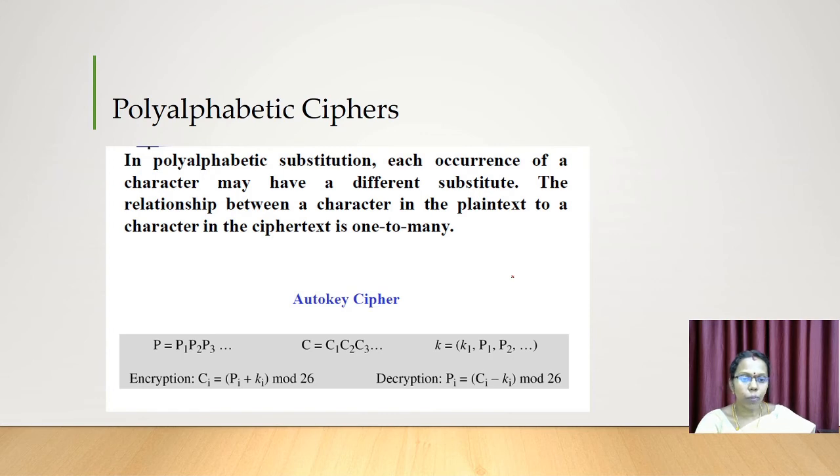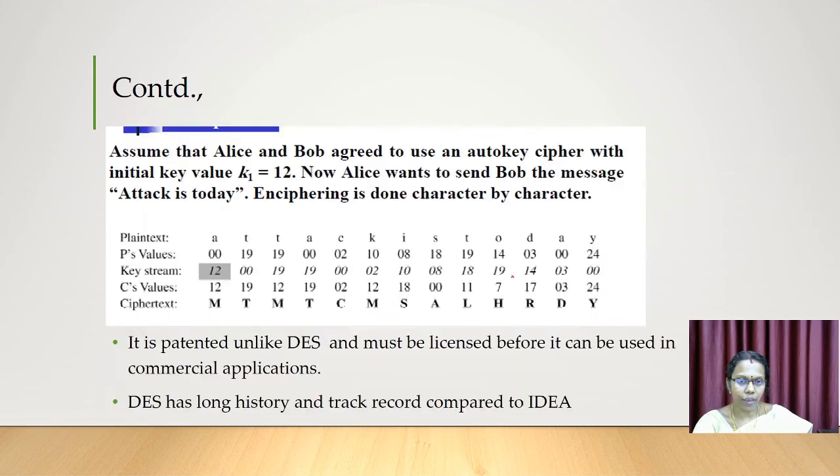The encryption is the same process: Ci equals Pi plus Ki mod 26. The index i is present because each occurrence of a character may have a different value.